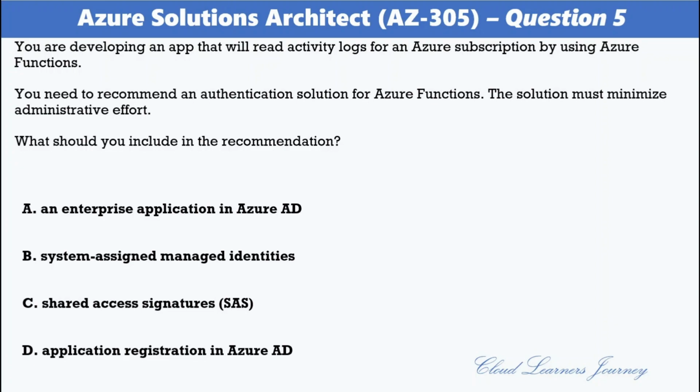And the correct option is B. System assigned managed identities. A common challenge for developers is the management of secrets, credentials, certificates, and keys used to secure communication between services. Managed identities eliminate the need for developers to manage these credentials.